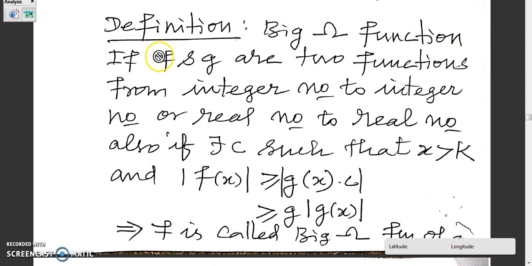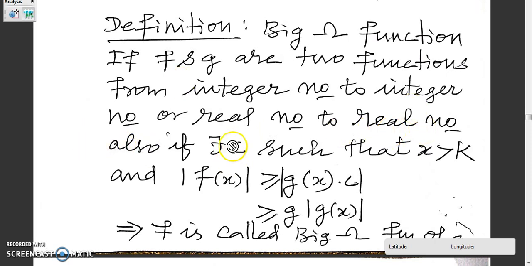What is that? Suppose f and g are two functions, where the domain is the integers and the codomain is the integers, or the domain is the real numbers and the codomain is again the real numbers.